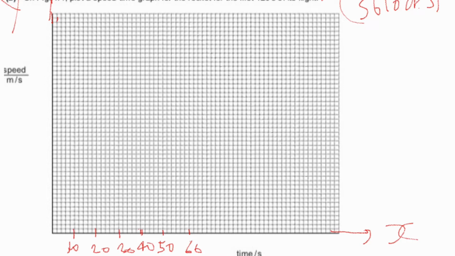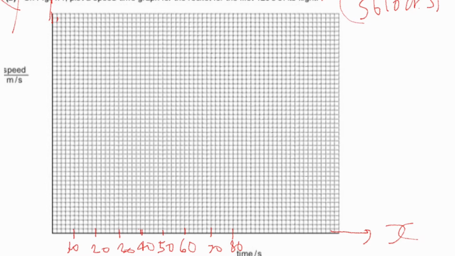By mistake here one more block was there, so we will make it proper. 1, 2, 3, 4, 5, so here it is 60. Then 1, 2, 3, 4, 5, 70. 1, 2, 3, 4, 5, 80.